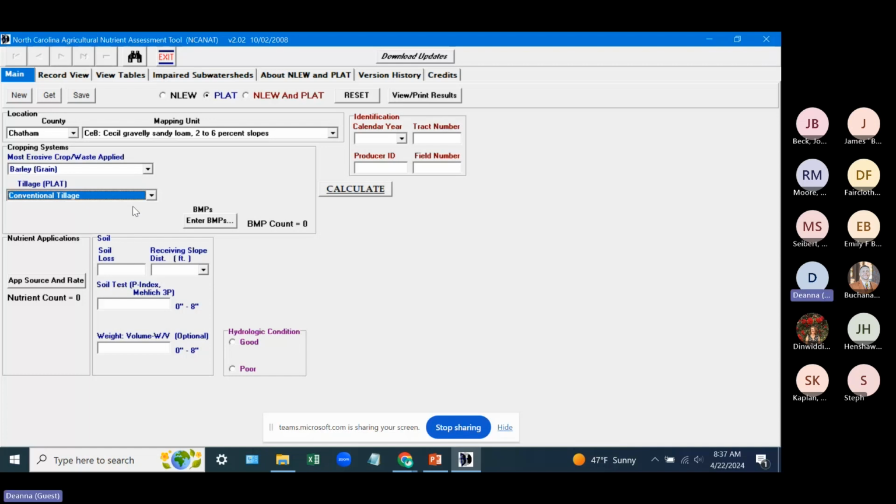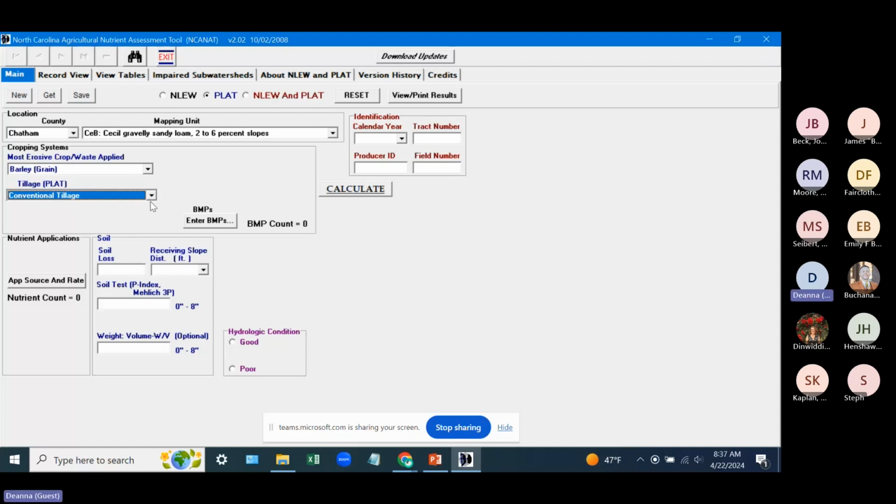So let me speak to that in a minute. In order to run PLAT, you guys probably all know this, you have to run RUSLE. So John, to your point, a lot of the conservation practices are not directly in PLAT. And that's the thing I wanted to point out, is that they are embedded in RUSLE, where these conservation practices are going to reduce your erosion.